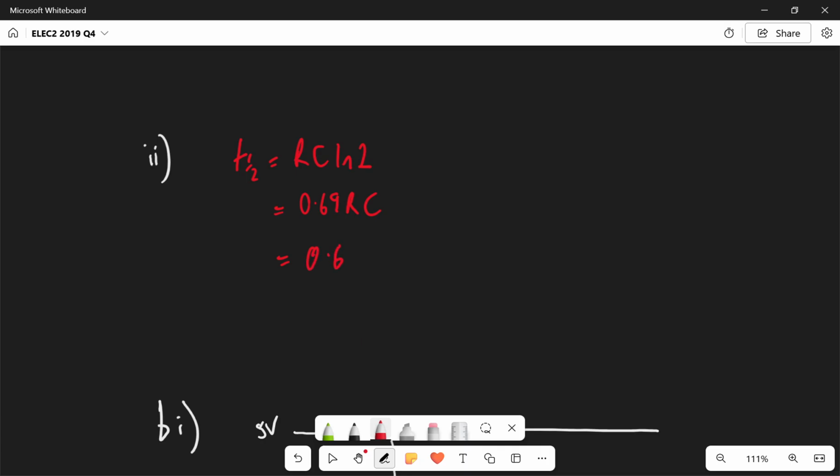So this is 0.69 times 36,000 times 120 times 10 to the minus 6, and that gives us a value of 2.99 seconds, so approximately 3 seconds.